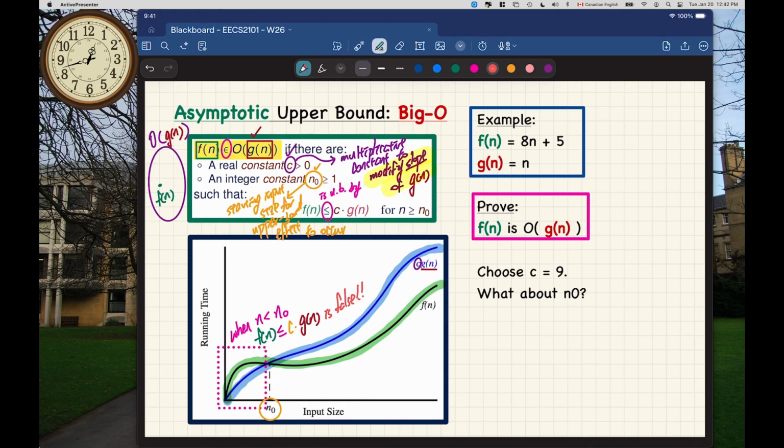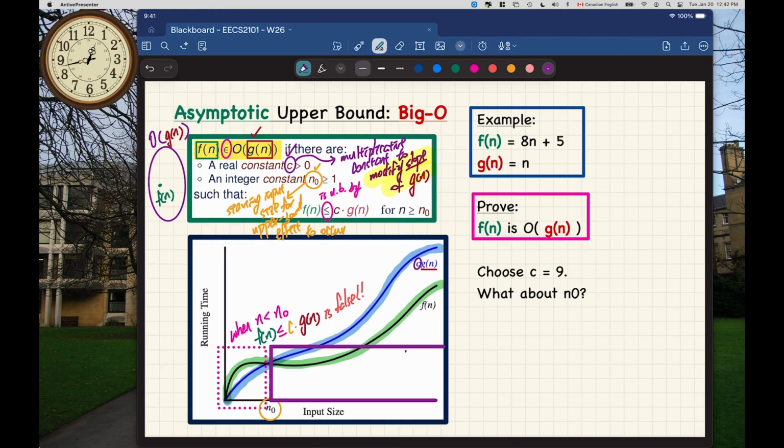On the other hand, starting from n0 itself, which I'm going to mark with a different color, think about starting from here. This part is where the upper bound effect holds towards infinity.